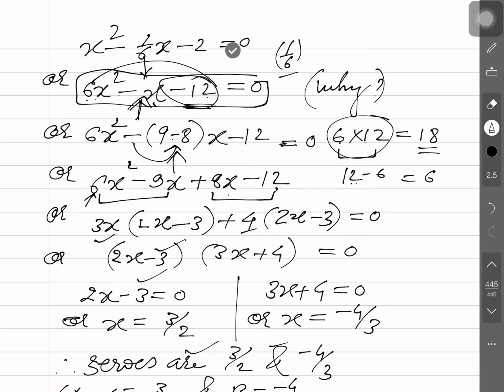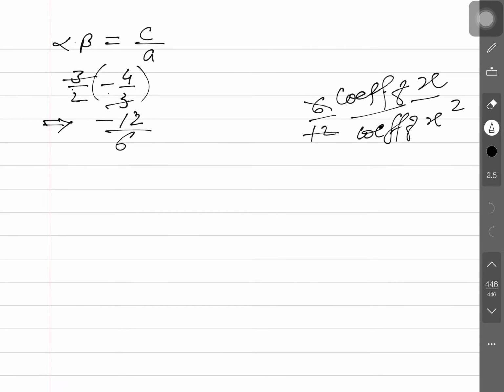So this is C occurring and this is A occurring. So C is minus 12 divided by 6, and it's minus 12 divided by 6. What's the next step? Yeah, LHS is equal to RHS, hence verified. So this is the verification of the result.